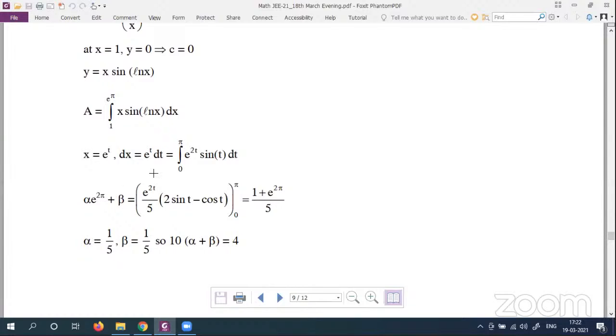So simplifying that and comparing with the answer given, we get the values of alpha and beta in this form.